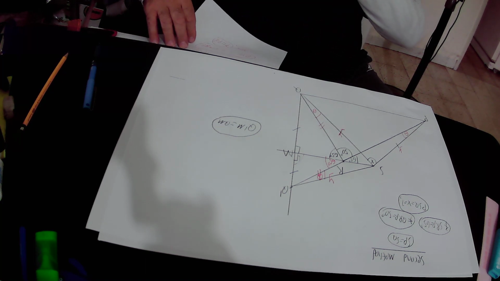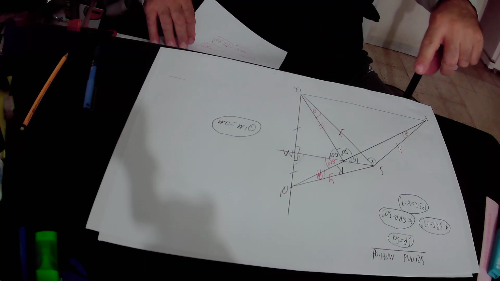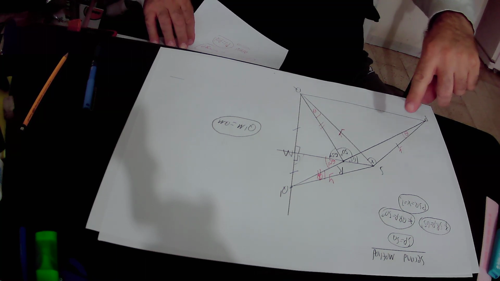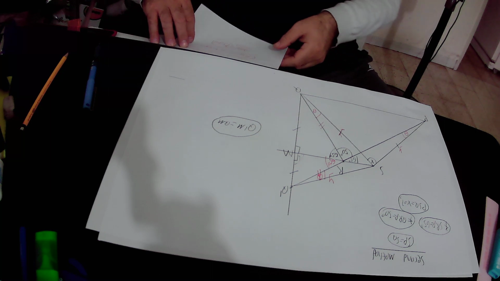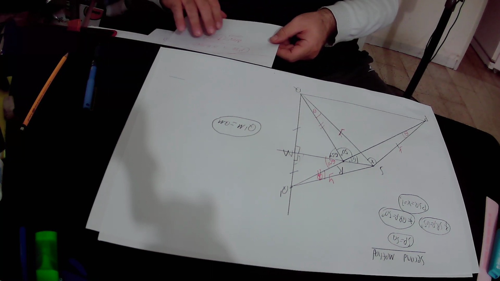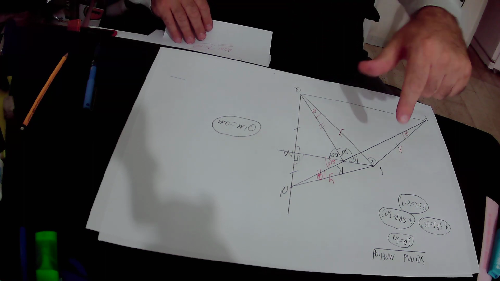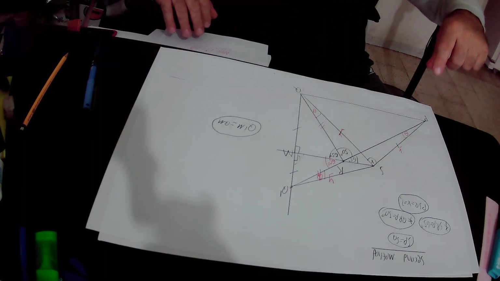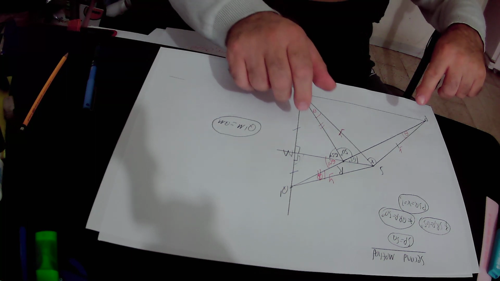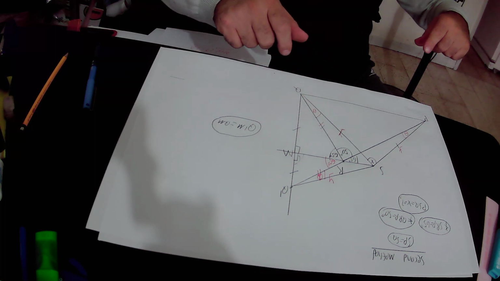Therefore, because PQ dash is a straight line, PQ dash S is a triangle. And in triangle PSQ dash, we know that PS equals PQ dash, and we have the rule that in front of equal sides in the triangle there are equal angles.